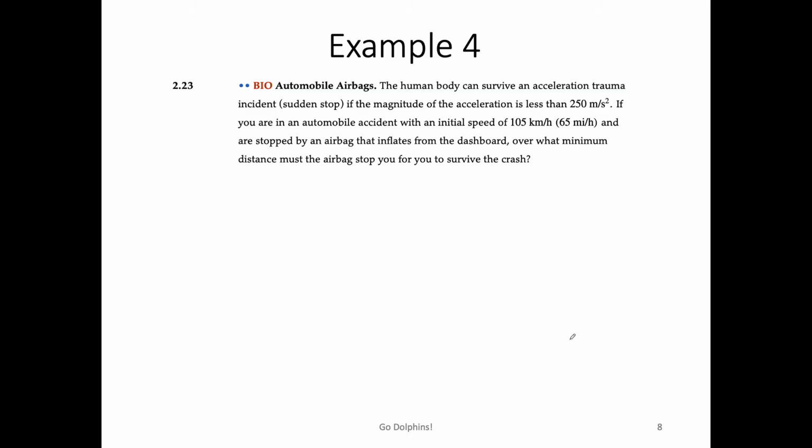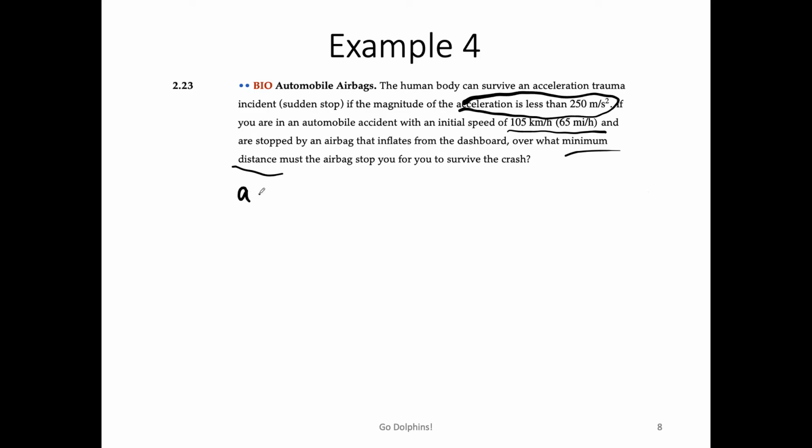Okay, now another example in constant acceleration motion. The maximum acceleration we can endure is 250 meters per second squared. Now if there is an accident, with initial speed of 65 miles per hour, and we stop by airbag, we want to find out the displacement basically. So check what we have.